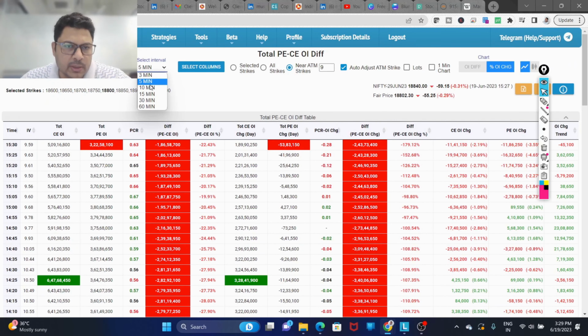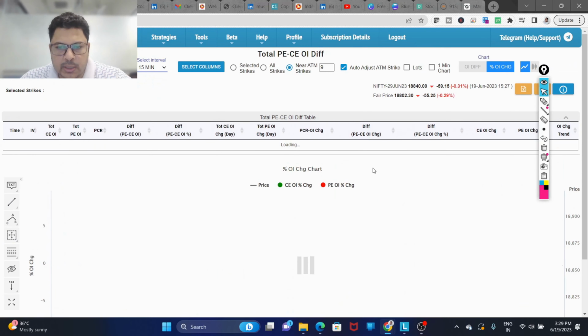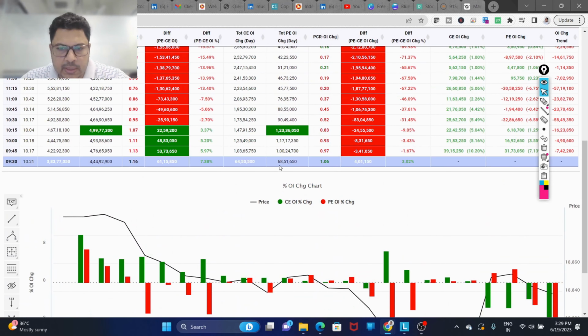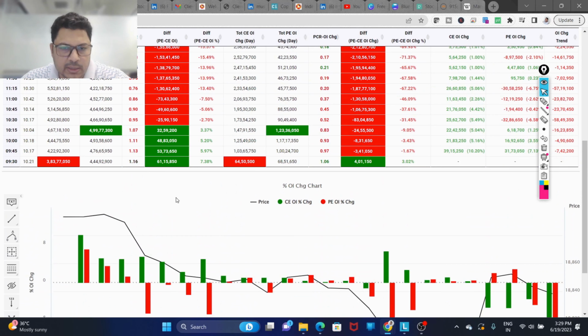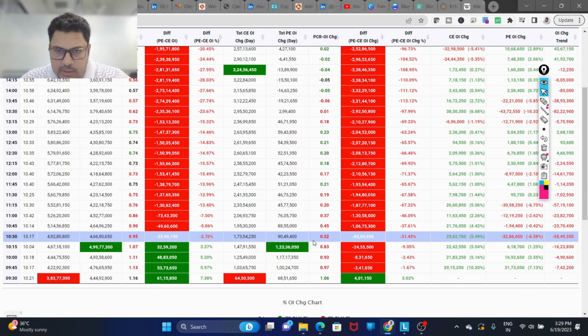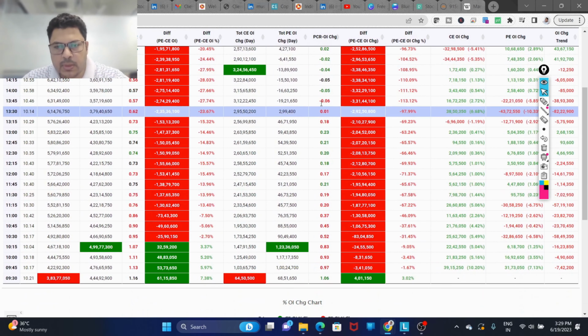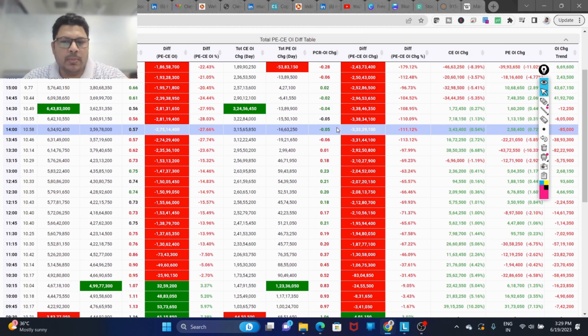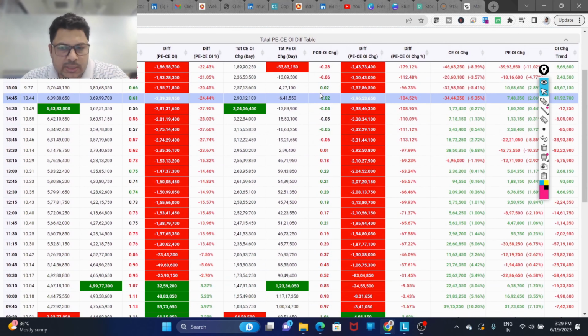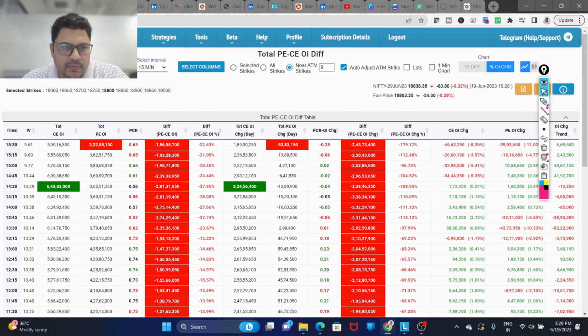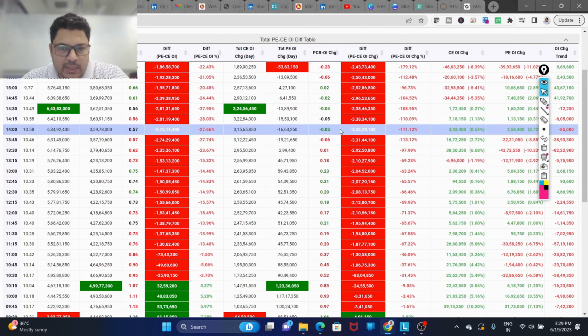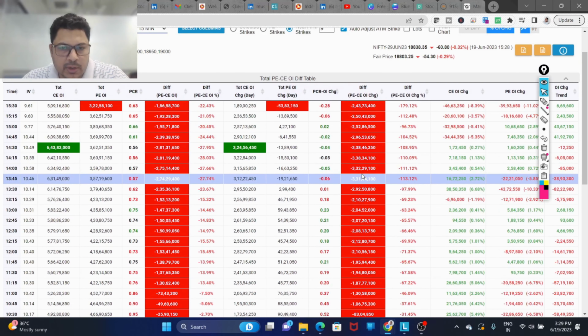You can put it at 15 minutes also if you want to see in a compact form and see only the first 15 minutes. At 9:30 the put was higher, but later from 9:45 onwards it's a pure trend on the downside. It was very clear, but most of the time on sideways days you will find it very difficult to trade with this data, because this will not give you a clear picture.